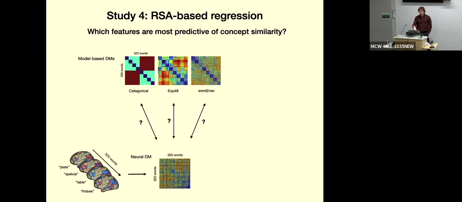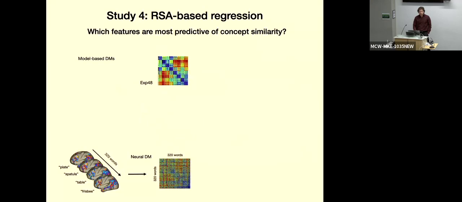So here is what we did before. We computed the similarity between each model-based dissimilarity matrix on top and the neural dissimilarity matrix derived from fMRI data on the bottom. But now what we're going to do is take just the X48 experiential model and decompose it into 48 different models. For each feature, we will compute a separate dissimilarity matrix.